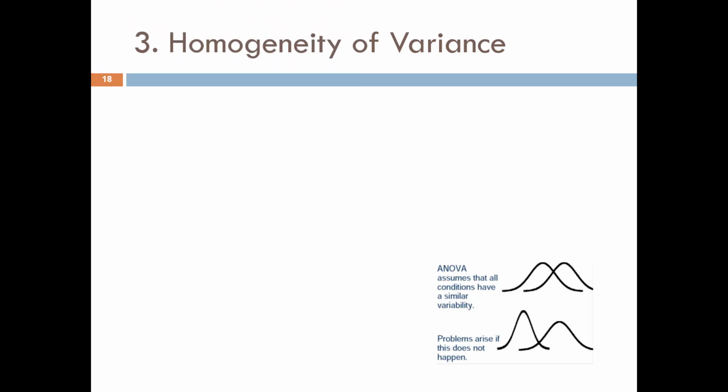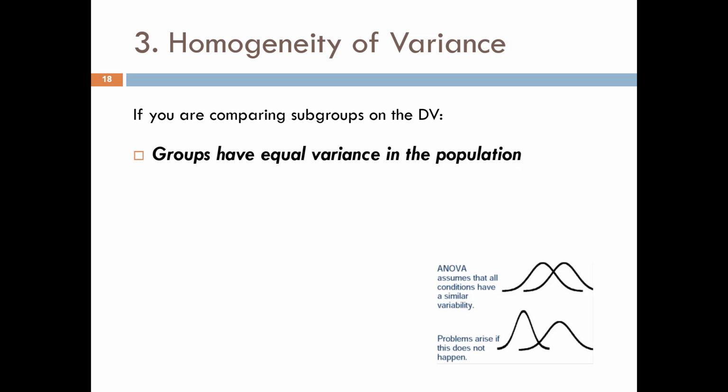Now, homogeneity of variance we'll talk more about later on in the course, but here is just an intuition behind it. If you're comparing multiple groups on continuous dependent variables, then you're first trying to check to see if groups have equal variance in the population, and that will be done using the Levene's test, which we'll cover later in the class.